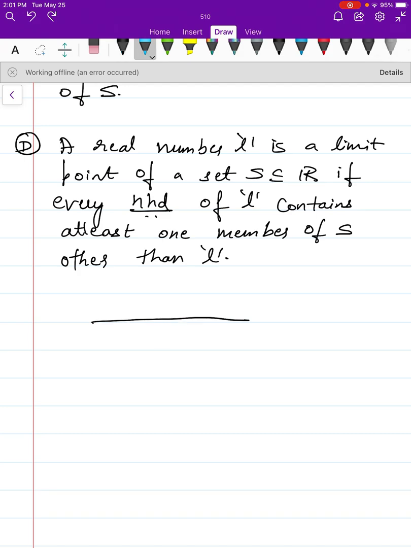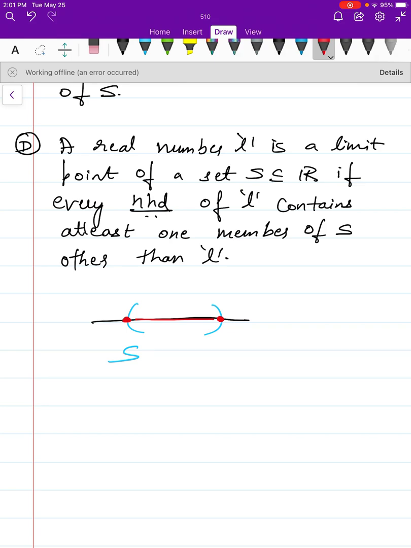Let me write the interval first. This is the set S, an open interval. So the limit points are these highlighted red numbers, including all the numbers inside.